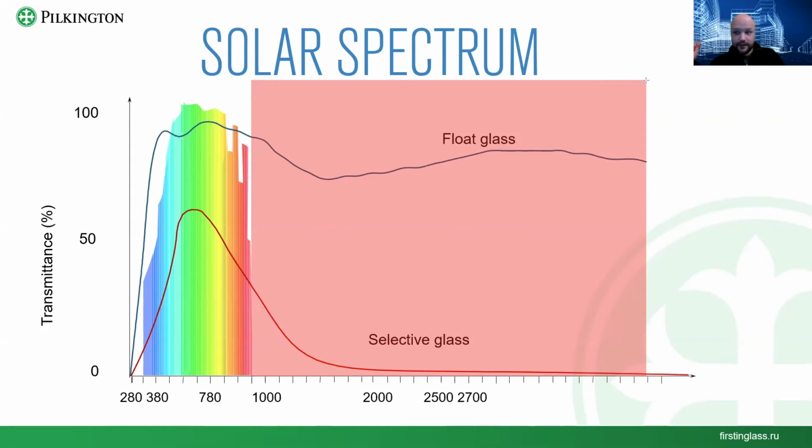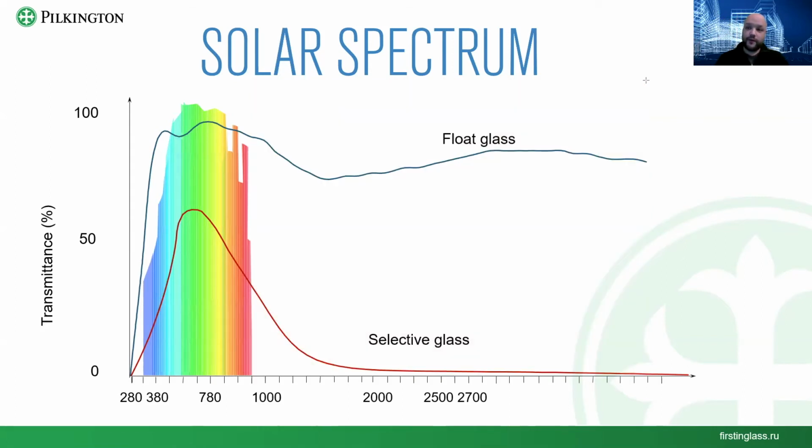The coating composition is done in the following way. At the top, you see the blue graph. That's for the float glass. It transmits a lot of light. Here is the level of transmission on the ordinate axis. And it does transmit a lot of solar heat. By choosing the proper coating composition, we make the glass selective.